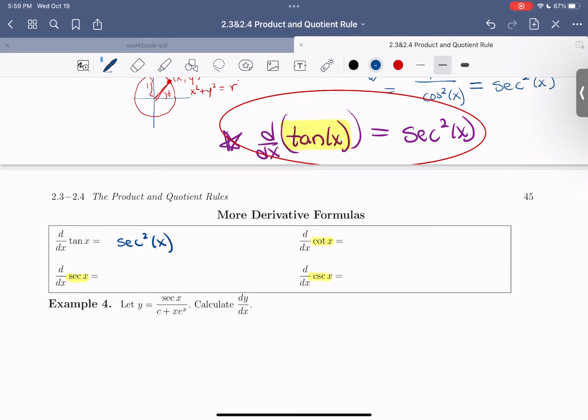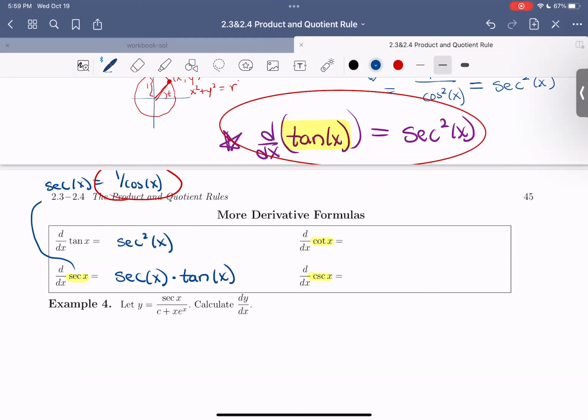For example, for secant, we could rewrite secant as 1 over cosine, and then compute the derivative here using the quotient rule. And if we did that, we would get in the end that the derivative is equal to secant x times tangent x.